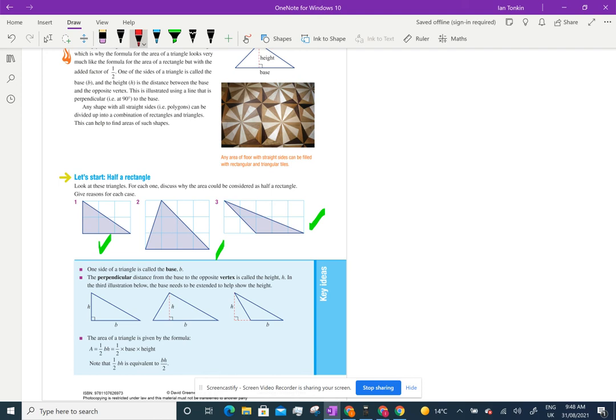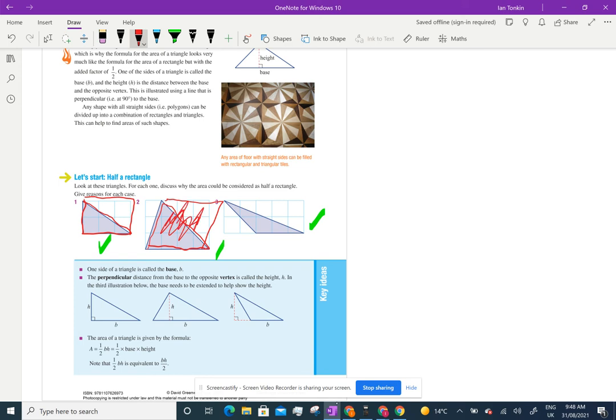So if I copy this triangle and flip it and paste it, I get a rectangle, but a rectangle is a parallelogram. If I copy this triangle and then flip it and paste it, so if I flip it over here, I get a parallelogram.